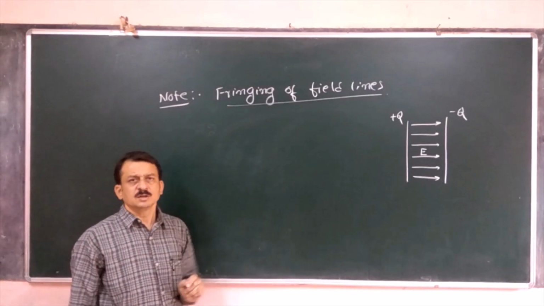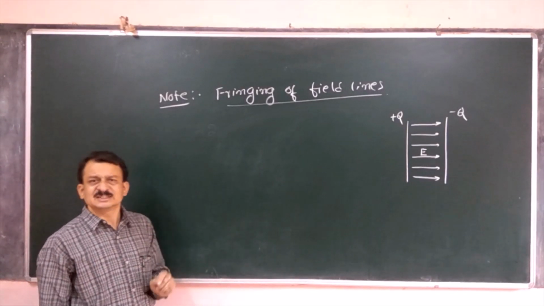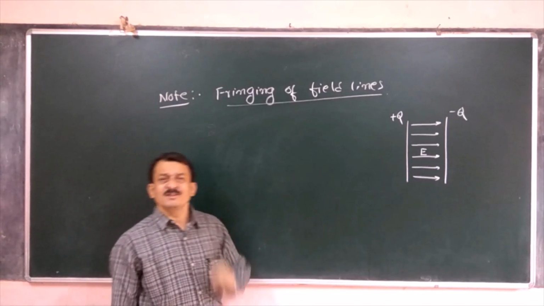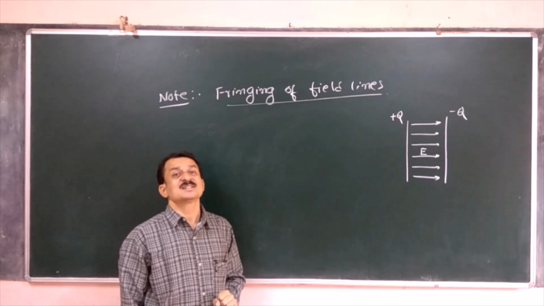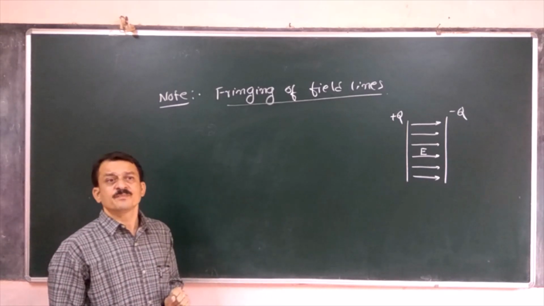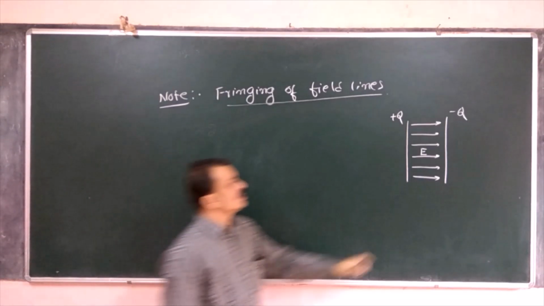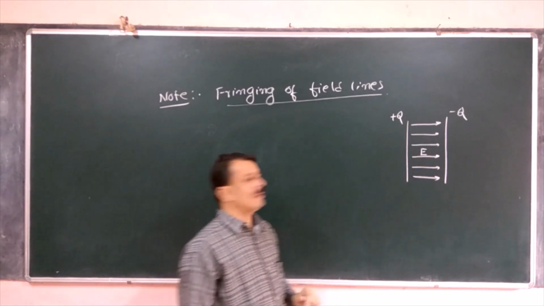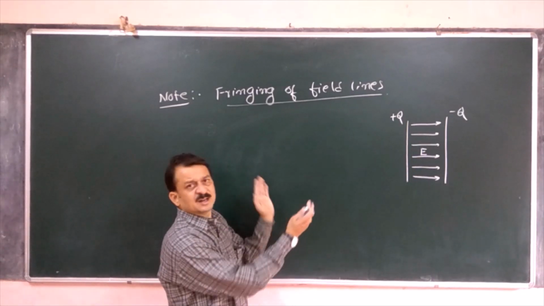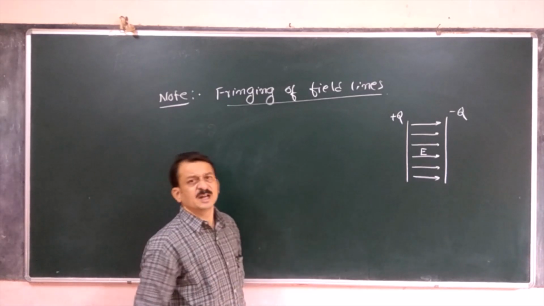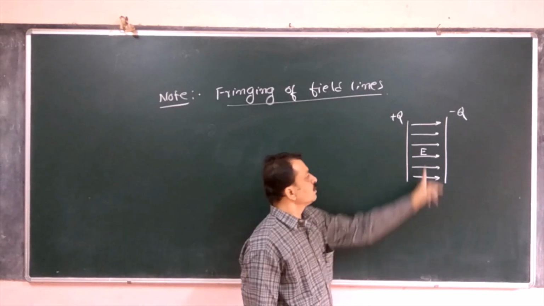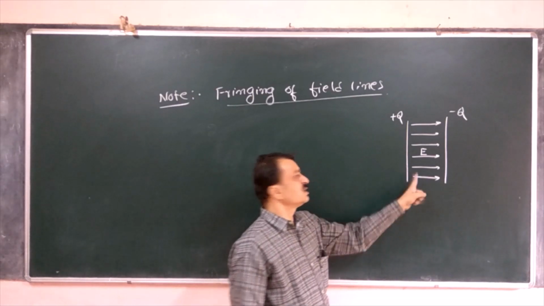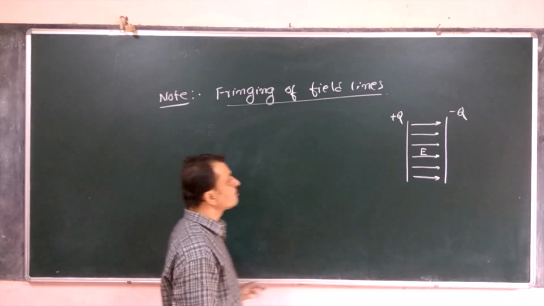Here is one note, fringing of field lines. What is the meaning of fringing? While deriving the expression for capacitance of a parallel plate capacitor, we worked out the electric field inside the plates, that is the electric field in the space between the two parallel plates. This electric field is constant and localized, therefore it is uniform.